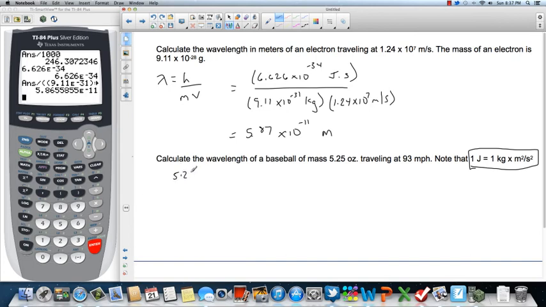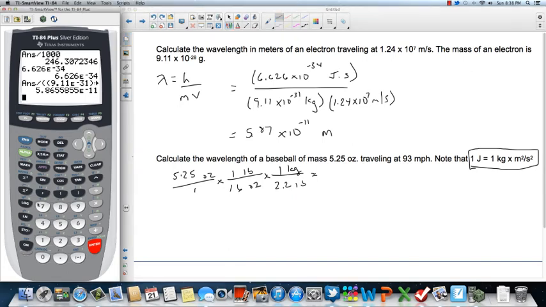We've got 5.25 ounces. We know that there are 16 ounces in 1 pound, and we know that there are 2.2 pounds in 1 kilogram. And so what we're left with for that is 5.25 times 1, essentially.